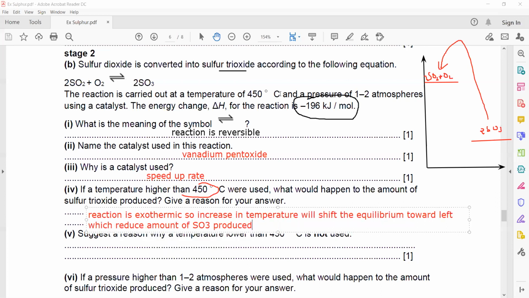For a reversible reaction, when you increase the temperature, the equilibrium always shifts towards the side of the reactant, so you will get less product.